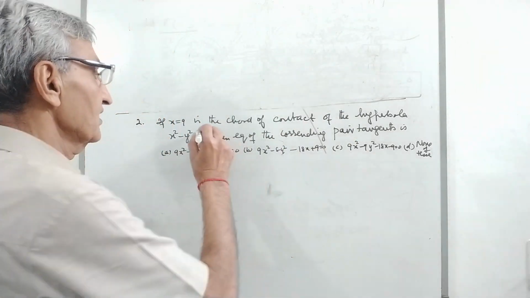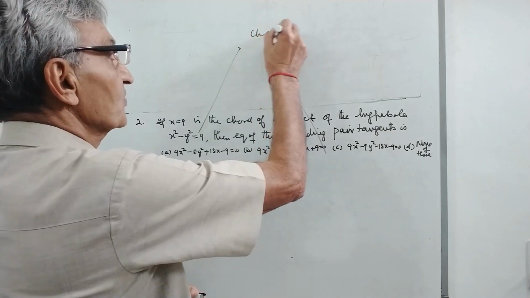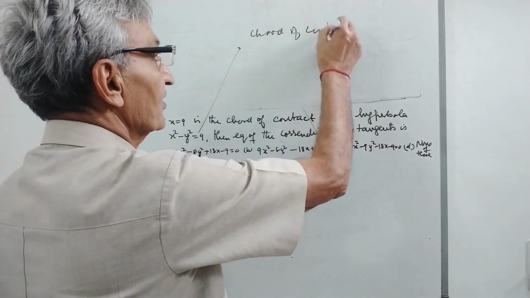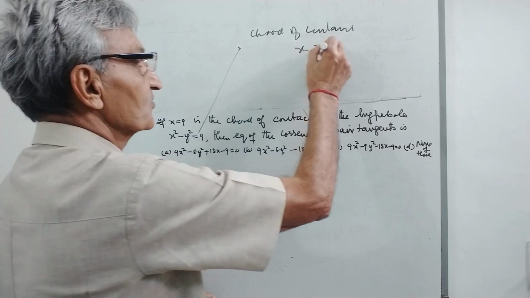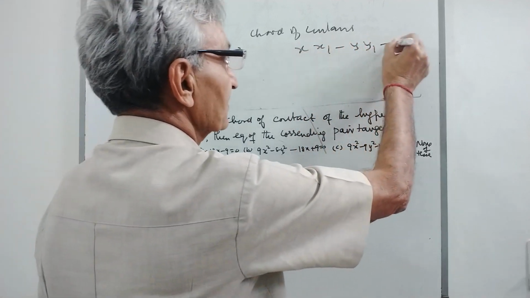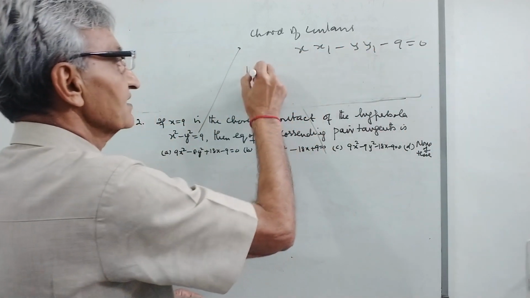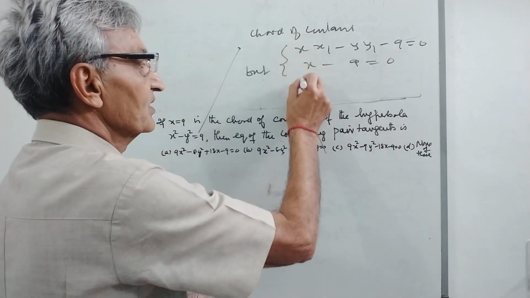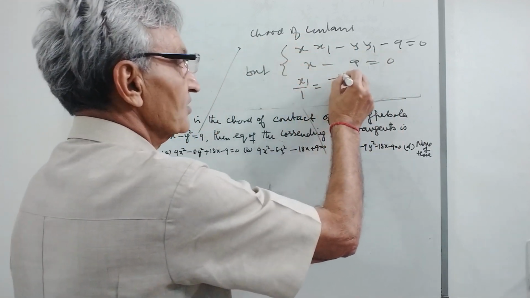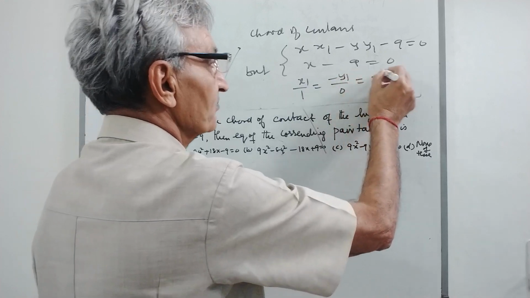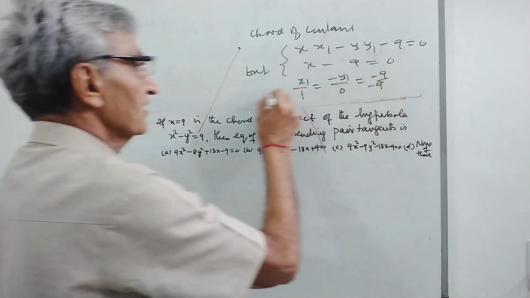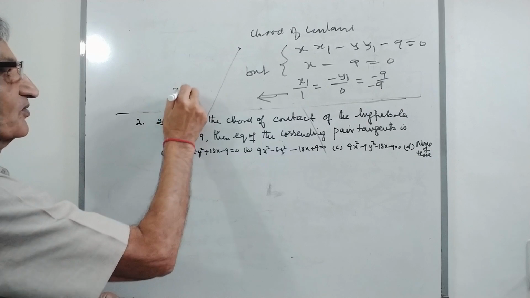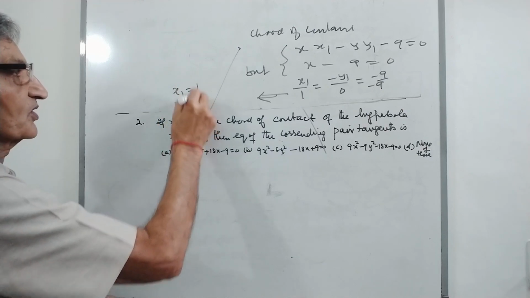Then the chord of contact will be x into x1 minus y into y1 minus 9 is equal to 0. But it is given here as x minus 9 is equal to 0. They are the same. Therefore, x1 upon 1 is equal to y1 upon 0 is equal to minus 9 upon minus 9. This means x1 is equal to 1 and y1 is equal to 0.